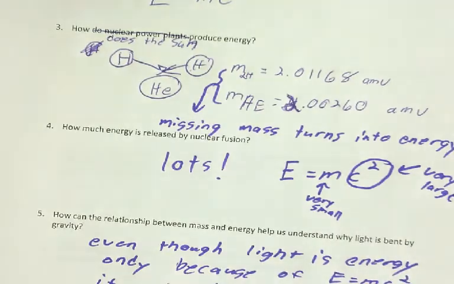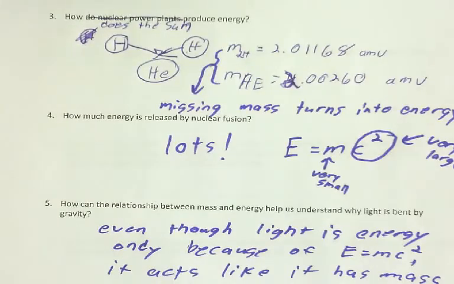Because energy and mass are equivalent, even though it does not have mass, it acts like it has mass. And that is another possible explanation for why gravity bends it, because gravity can affect the mass, even though technically it doesn't have it.